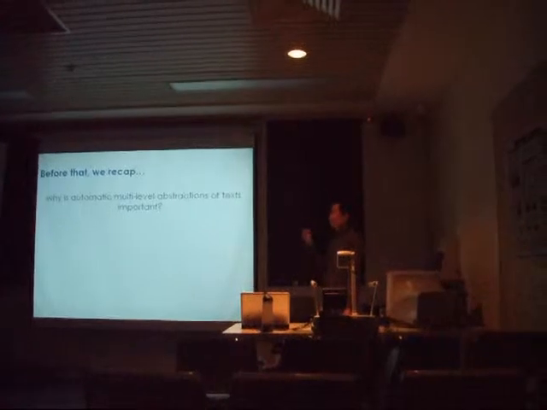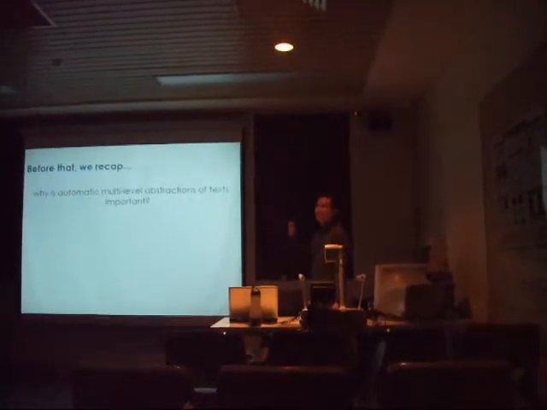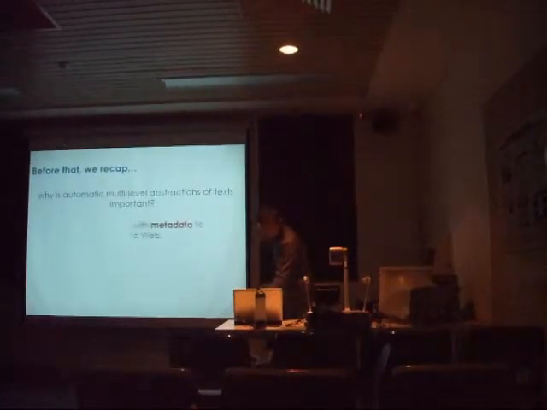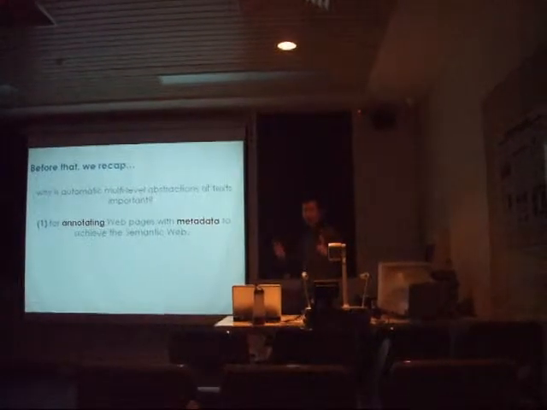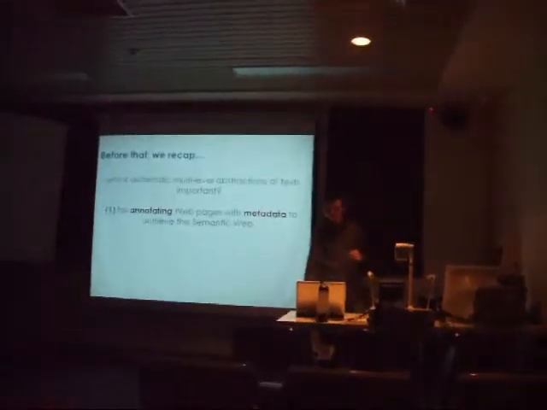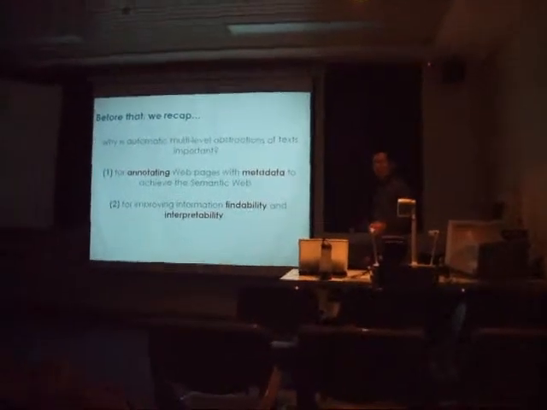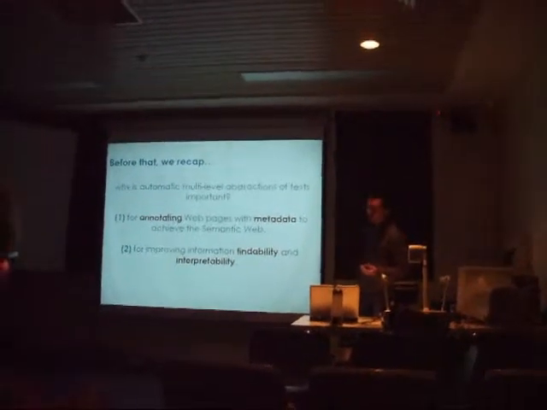Just in case you guys are falling asleep. Why is automatic multi-level abstraction of text important? First, for annotating web pages with metadata to achieve the semantic web, if you recall. Secondly, for improving information findability and interpretability on the web.